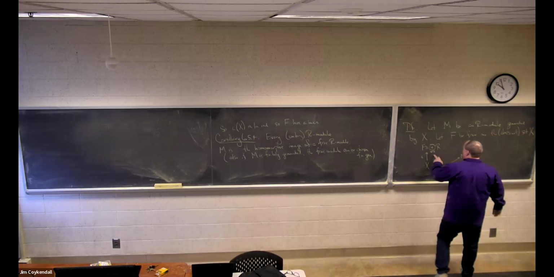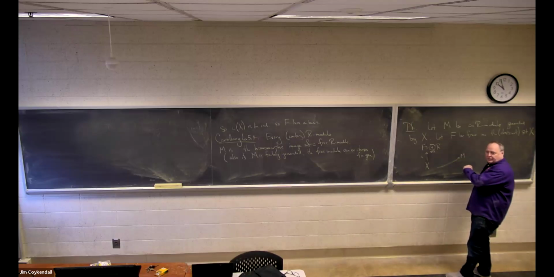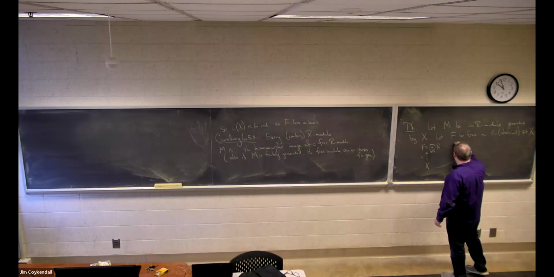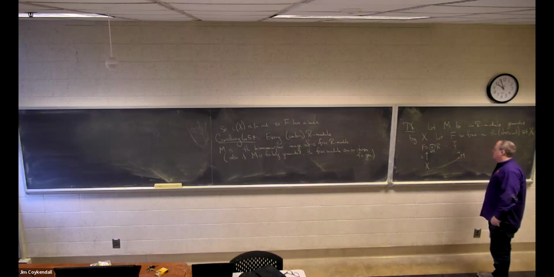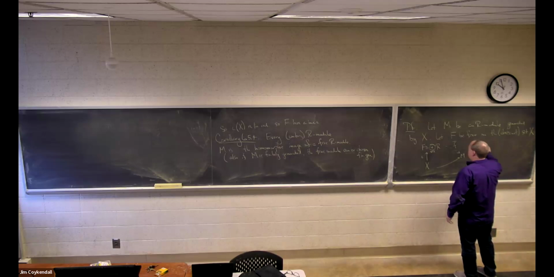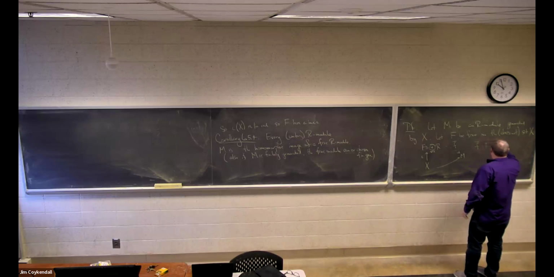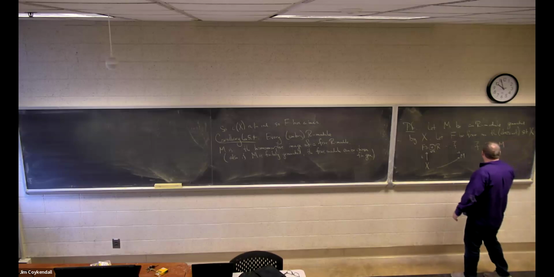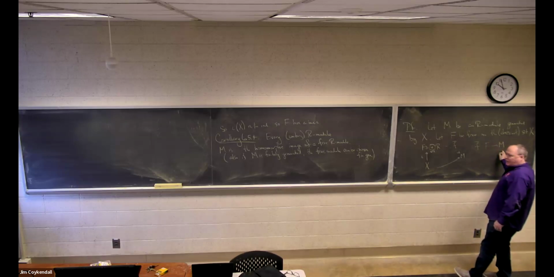We know this is a free module, it's a direct sum of some number of copies of R. So there's an F bar. How do I know that it's onto?